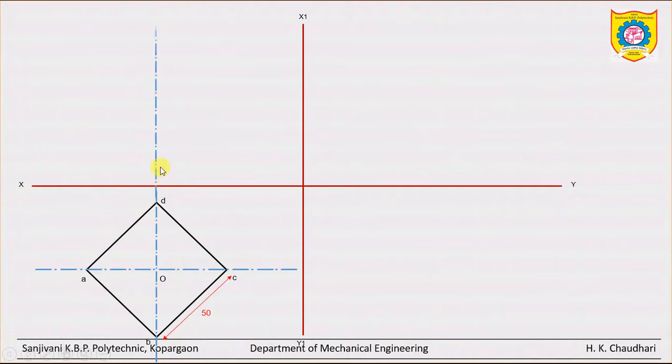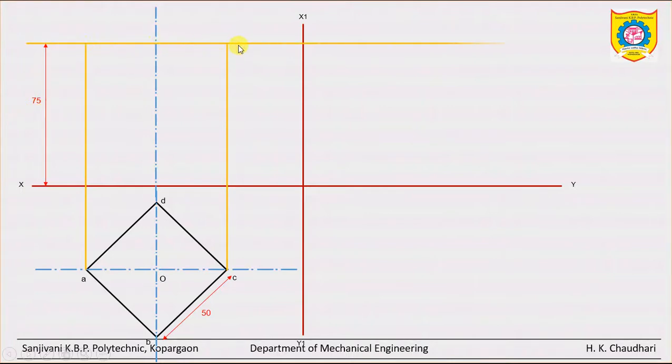Next is just extend this center line in the front view. We have to draw the front view of this square prism. So just draw the projectors from A and C. So on this projection there will be edge A and here there will be edge C. So first take the height of the prism 75 mm and draw the top surface.